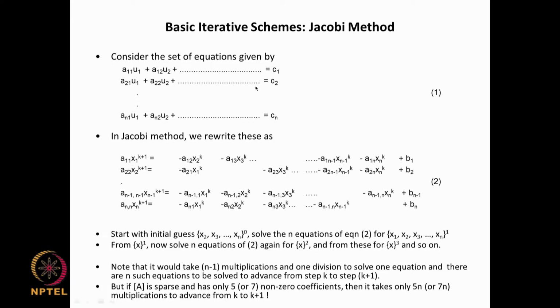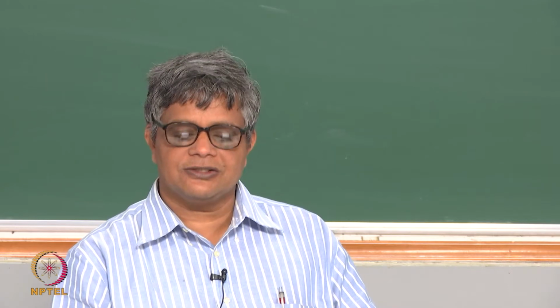but we do not get a solution in one step of k to k plus 1, we have to do many of those. So, how many of those will tell us the total number of computation, and we will see that shortly.